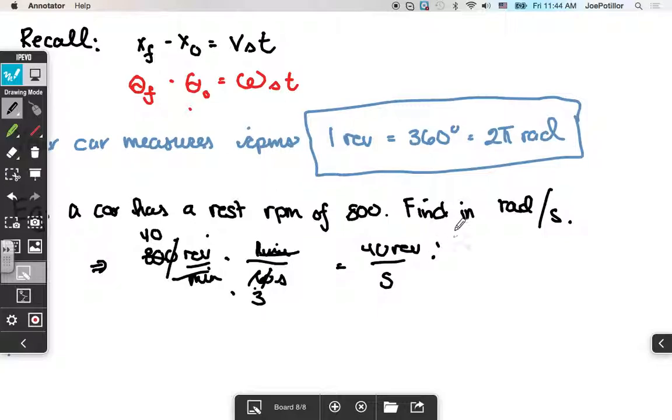And of course we multiply then by the conversion factor of 2 pi radians in 1 revolution. This is the 3, by the way.